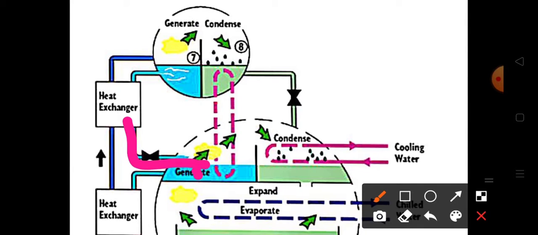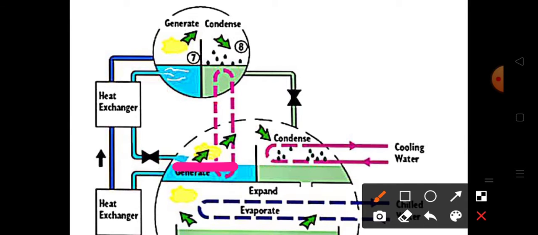When the first generator is heating the strong solution, it is possible that some amount of lithium bromide is also vaporized. So the function of the second generator is to remove the water totally from the lithium bromide.